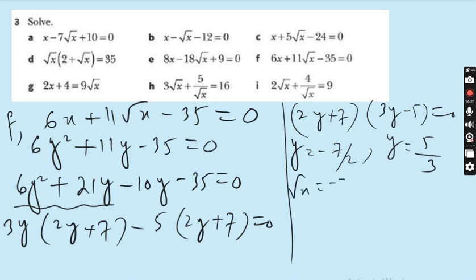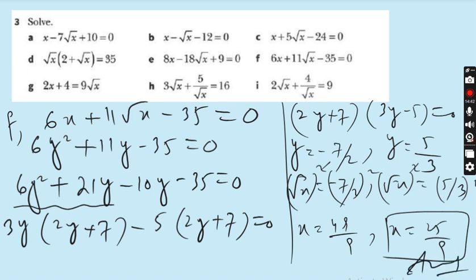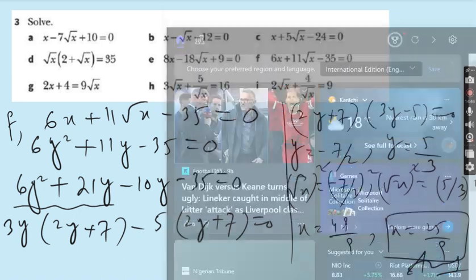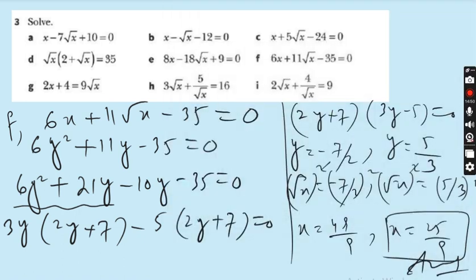Y is √x. Taking square on both sides in both the equations, x = 49/9 and x = 25/9. But 25/9 is the correct answer, because when you put 49/9 in the given equation, the equation will not be satisfied.